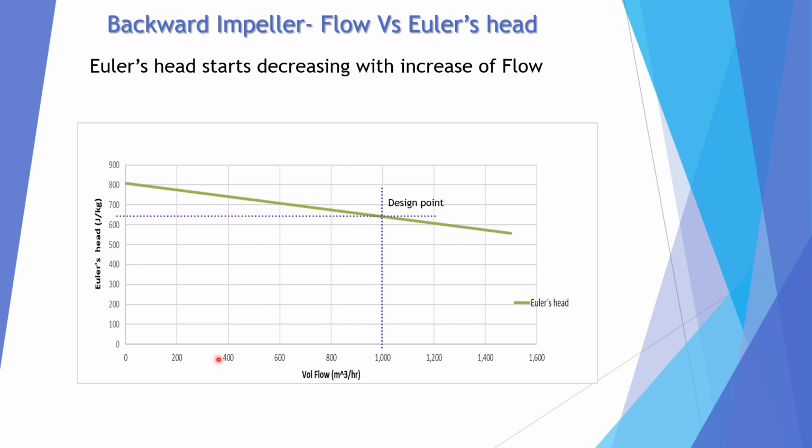The same thing is shown here. X-axis is volumetric flow in meter cube per hour, and y-axis is Euler head in joule per kg. If you see, as flow starts increasing, head rise starts decreasing. This is the point of maximum efficiency. So we can say this is the particular flow where there is a particular Euler head rise at the design point.